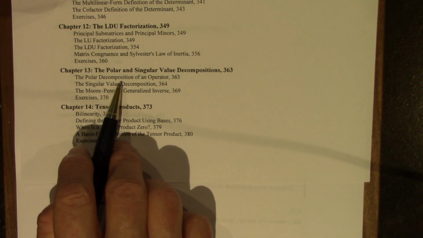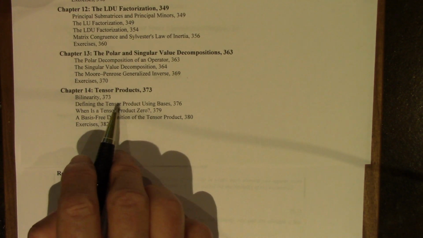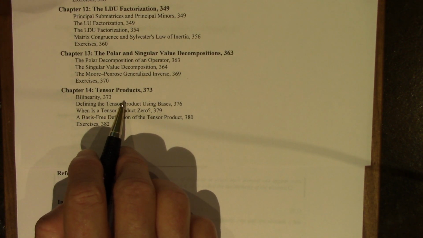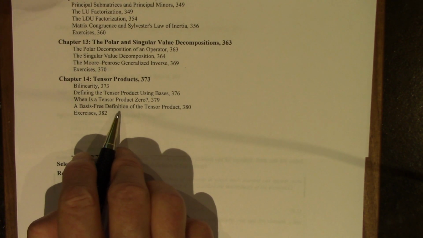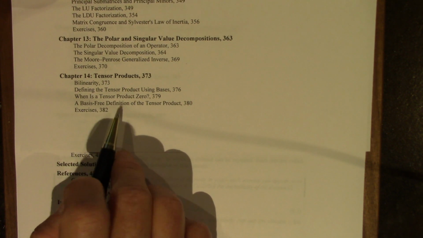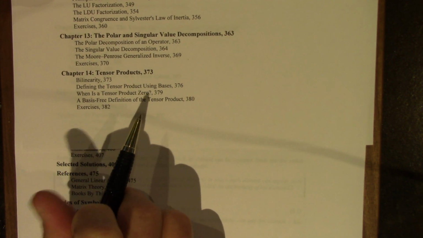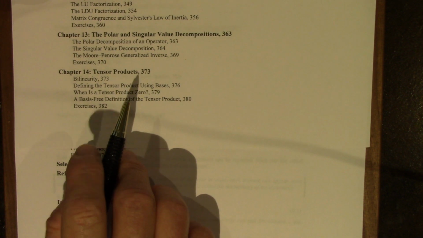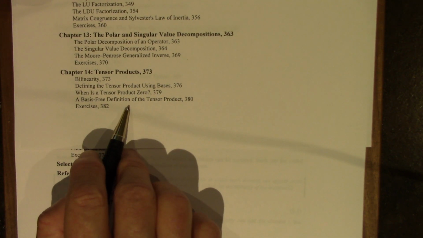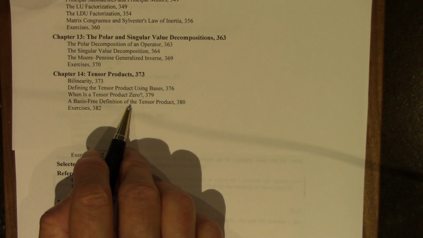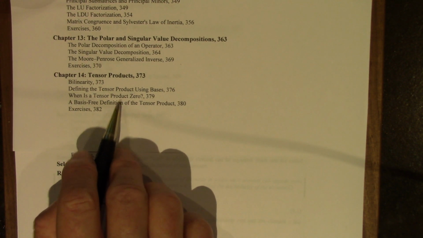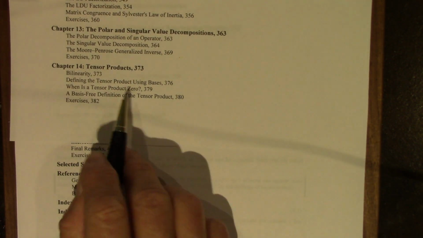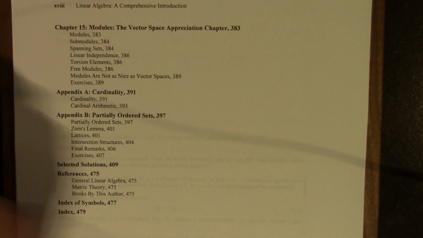Polar and singular value decompositions, an introduction to tensor products. A lot of students want to know what these are. I have students in linear algebra asking me all the time, what's a tensor product? And unfortunately, in a traditional class, there's no time to discuss that, but there is a chapter, a topics chapter in this course on tensor products.